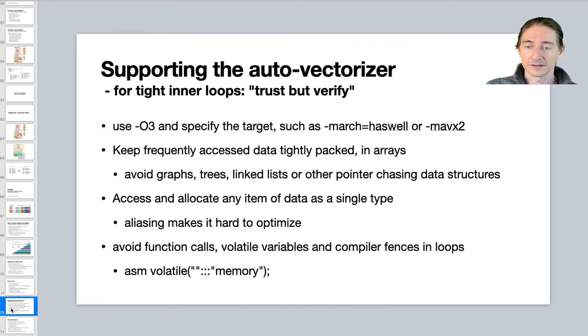Very handy. It doesn't generate any assembly. It just tells the compiler what's allowed, basically. Oh yes, and don't forget to specify either the specific architecture or which extensions you want the compiler to use when generating the vectorized code.